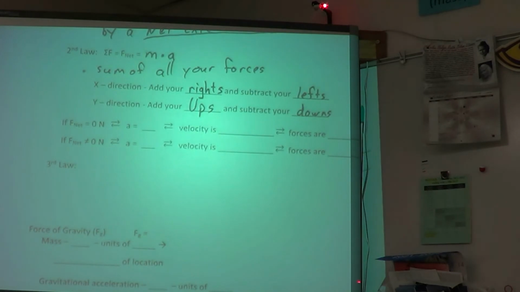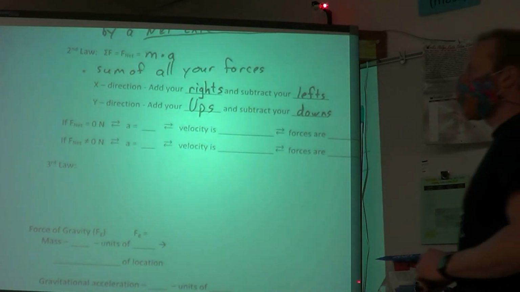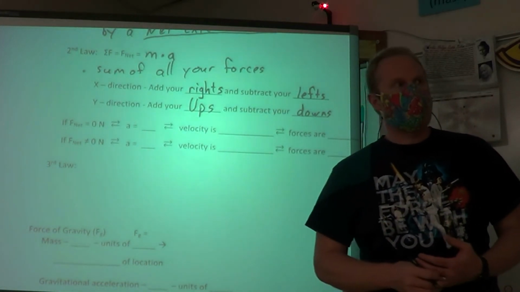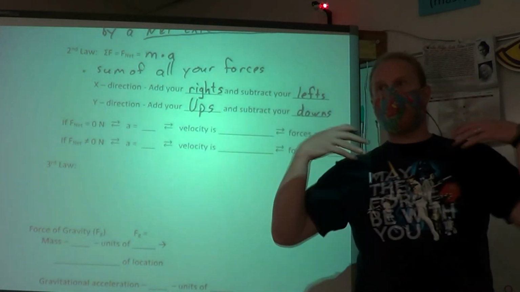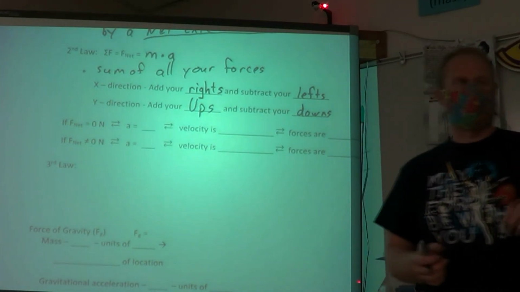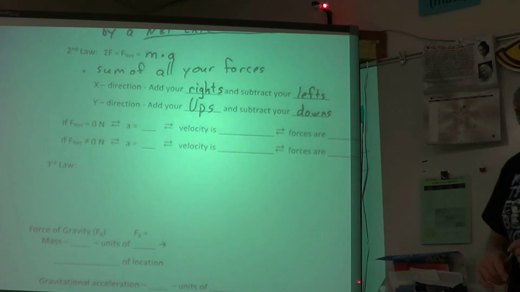We'll get to mass at the bottom. Mass is anything that takes up space, is made up of atoms, or has matter. So everything has mass. The air around us has mass. Almost everything has mass. Photons of light don't have mass.